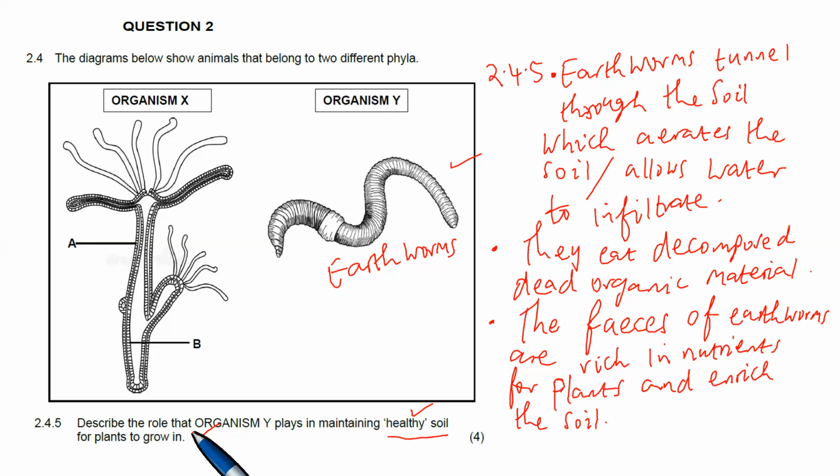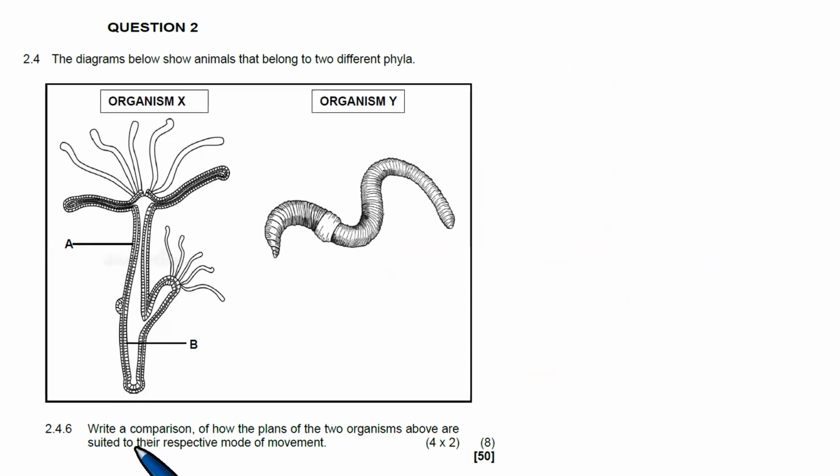Okay, next question. Write a comparison of how the bodies of the two organisms above are suited to their respective modes of movement. You need to write a comparison for 8 marks, but it's 4 times 2.